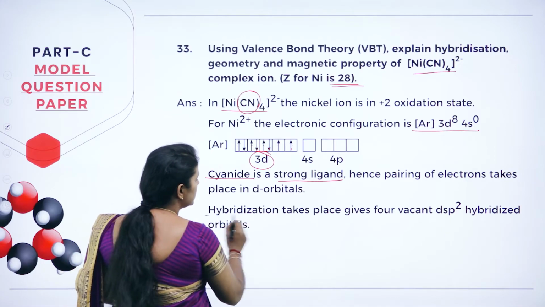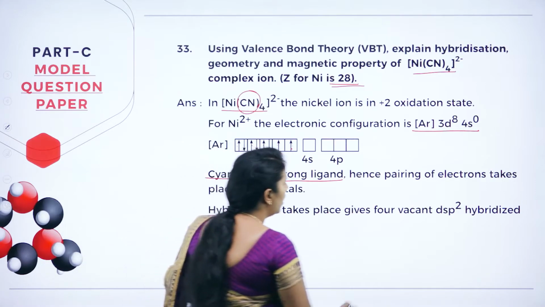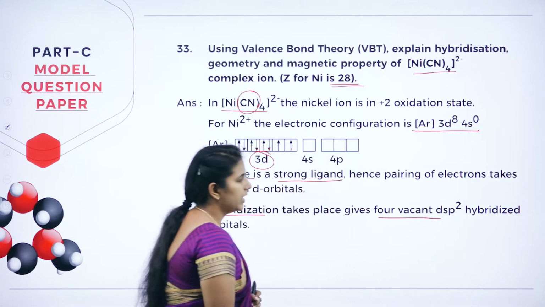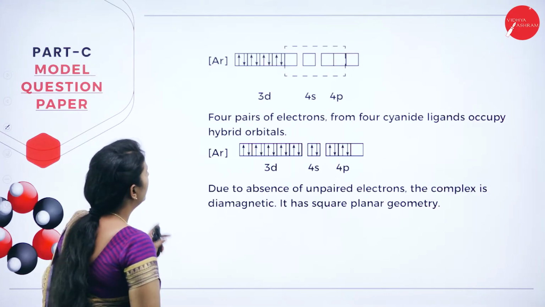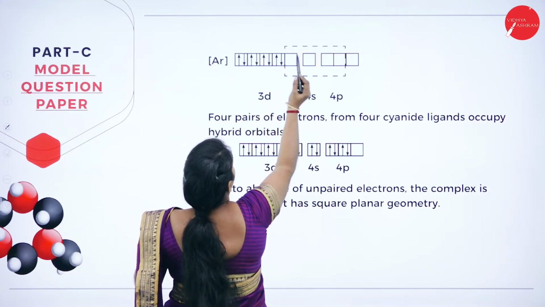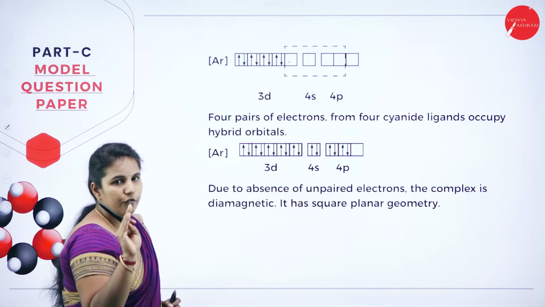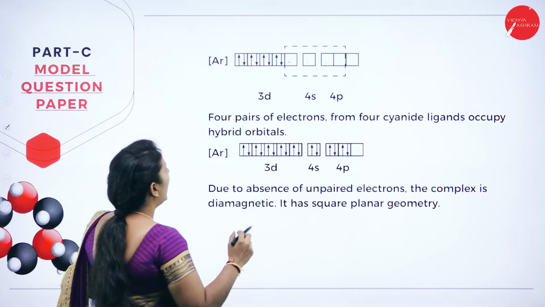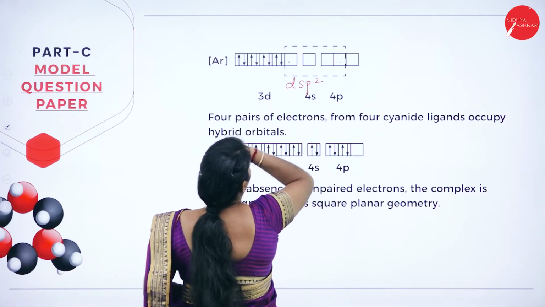As a result, hybridization takes place and gives rise to 4 vacant dsp2 hybridized orbitals. When the electrons are paired up, there are 4 vacant spaces required by the 4 cyanido ligands, leading to the formation of dsp2 hybridization.